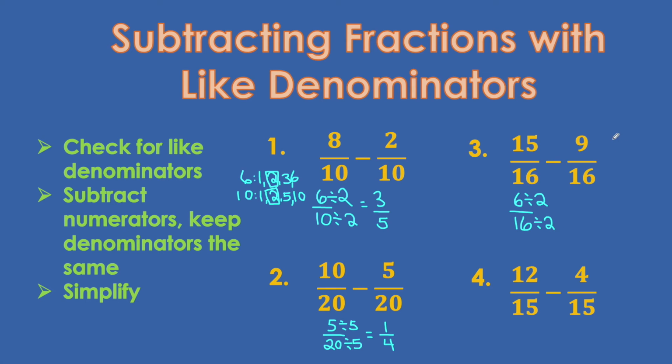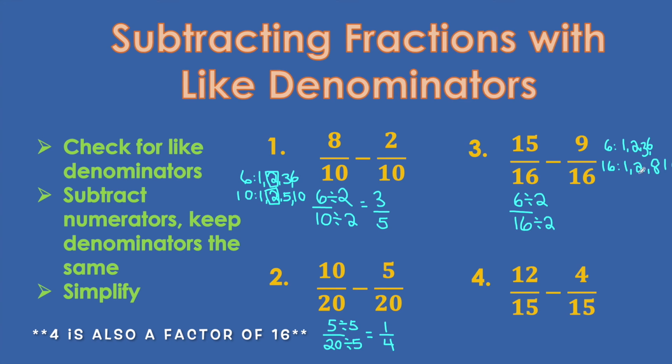If you're not sure, you can always make a list. So 6 and 16. It would be 1 and 6, 2 and 3. Those are the factors of 6. For 16, we have 1 and 16, 2 and 8.